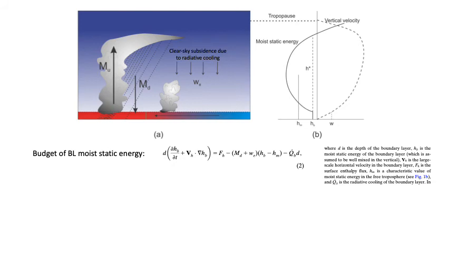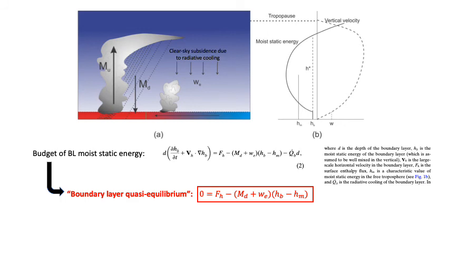So it's an equation for the tendency on the left side. That D out front is the boundary layer depth. So the local tendency plus the advection is equal to sources and sinks on the right. What you can do is take this equation and assume a steady balance, which is something called boundary layer quasi-equilibrium. Quasi-equilibrium just means approximately steady state. This is a really important concept and assumption in tropical meteorology, as I mentioned.